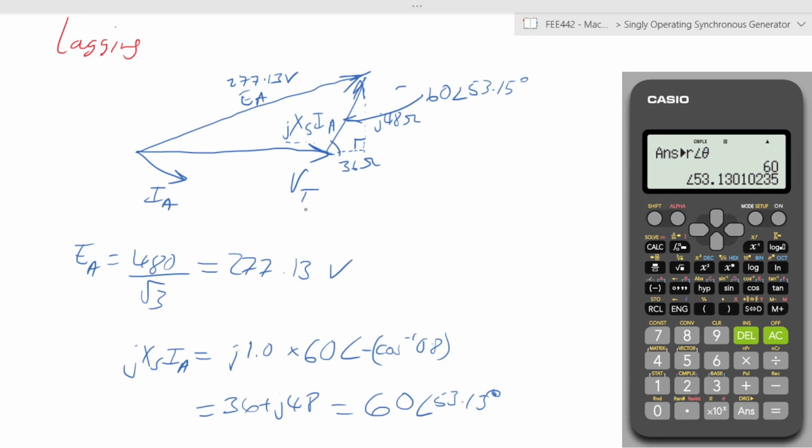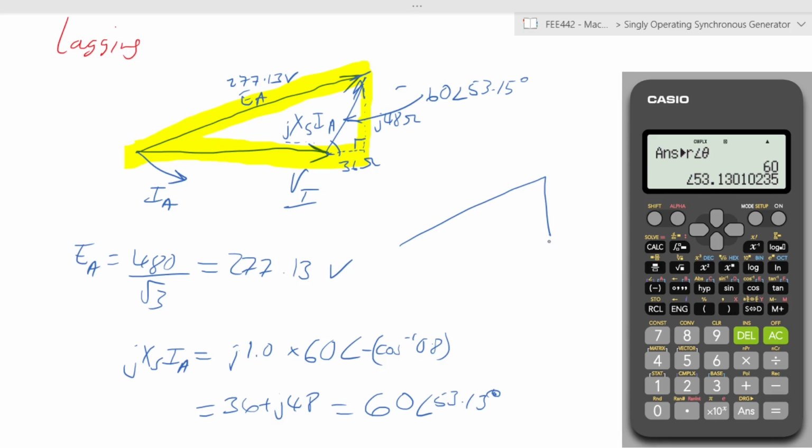So what we are looking for is our terminal voltage. Now, if you look at this right angled triangle, that forms a right angled triangle that will look like this.